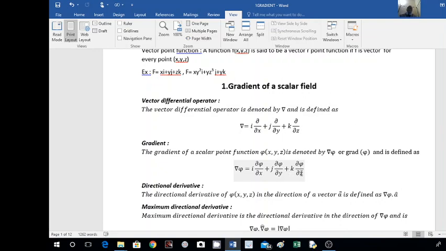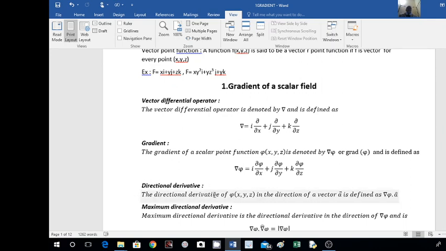This is very simple. If you know the definition of the vector differential operator del, and if you know the partial derivatives, then we can find del phi. We define one more thing here, the directional derivative.